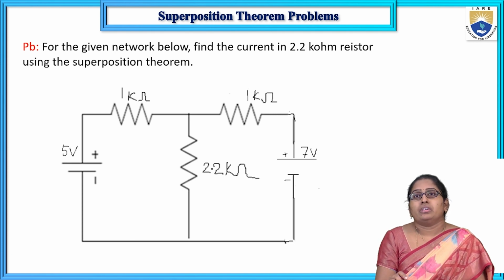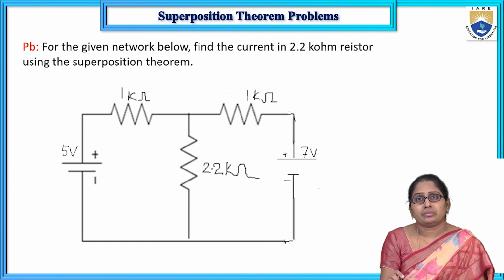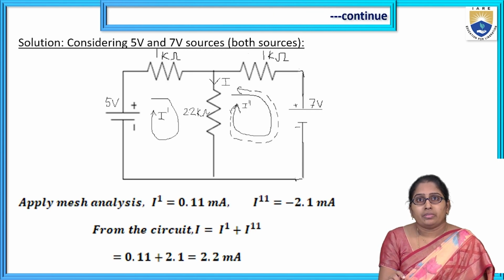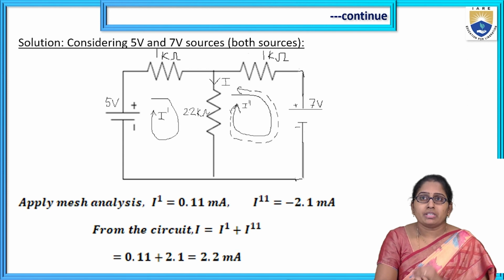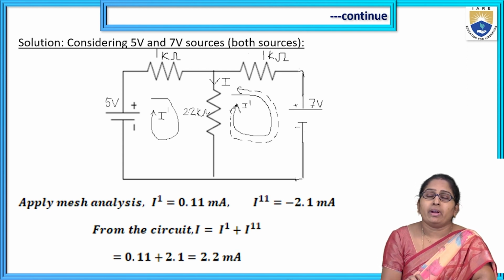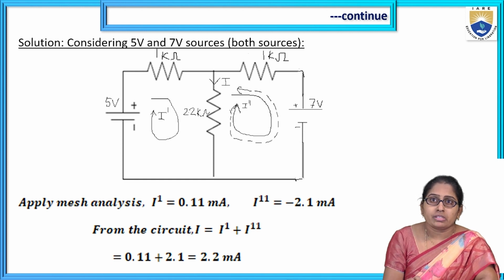So first step, consider all sources in operation. That means here we have only two sources, the 5 and 7 volt sources.